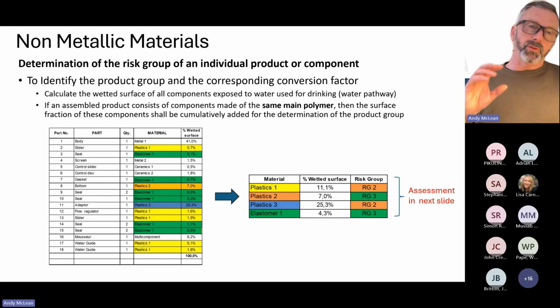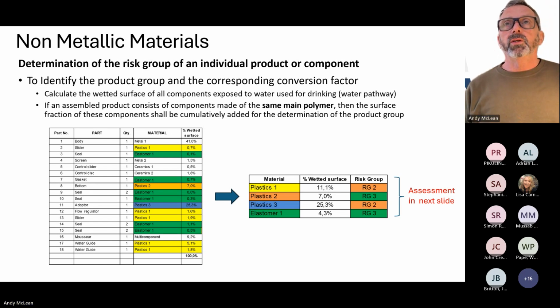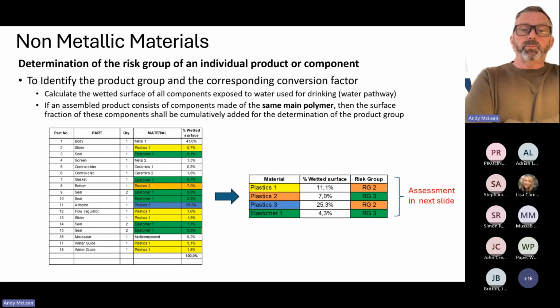So the first stage of the process is that you'll be asked as manufacturers to supply a breakdown of the percentage of materials that is in the water pathway. You can see on the left there that that's broken down into some generic parts that would probably fit our products as a tap.